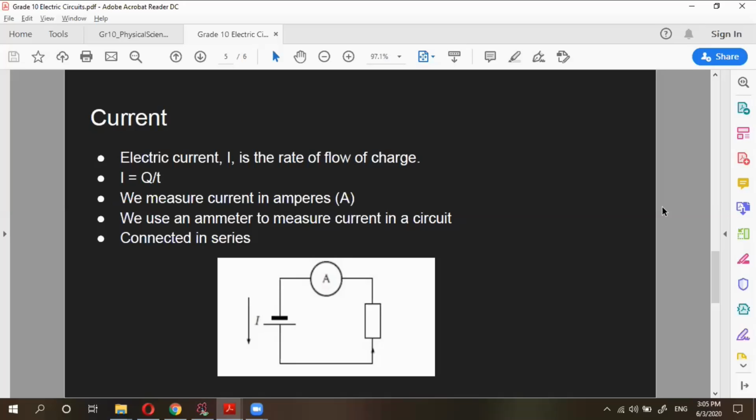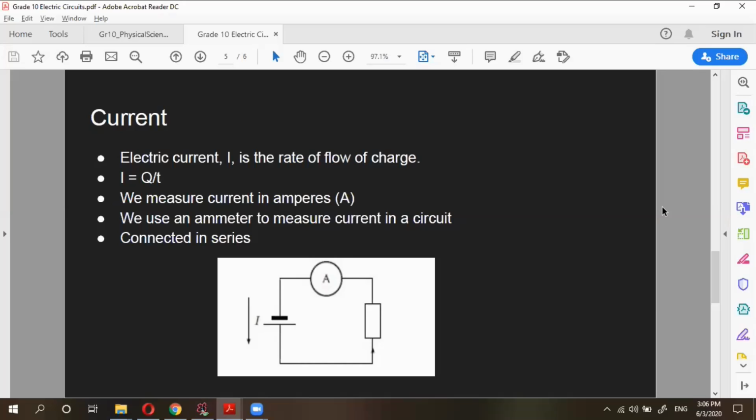We can calculate the electric current in a circuit, or even in a lightning flash if we want to. The current, I, is equal to the quantity of charge that passes any section in the circuit, taken per unit time.